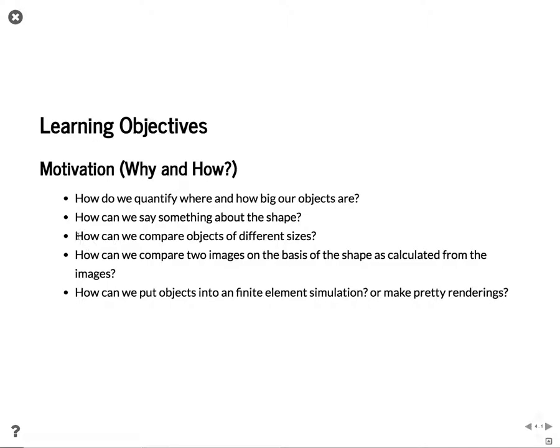How can we say something about the shape? How can we compare different objects of different sizes? Compare two images on the basis of shape calculated from the image. And then what we'll get into in the next lecture is how we go beyond this with tasks like meshing or making pretty renderings or interface analysis and things like that.